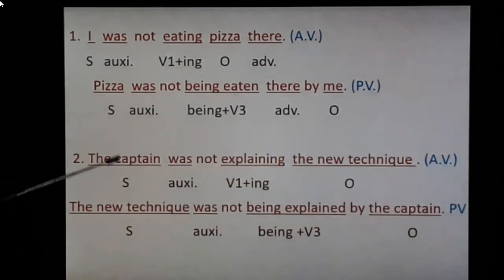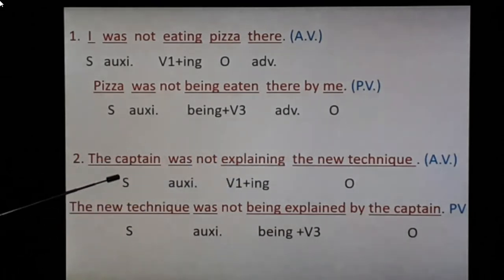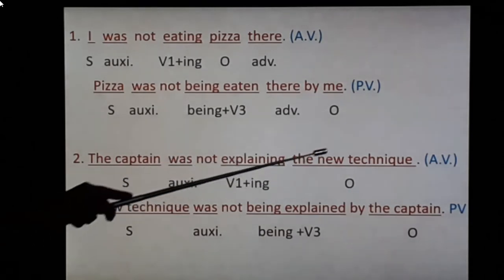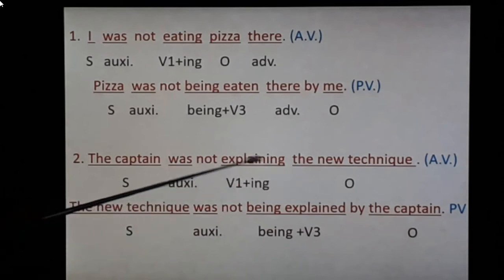Next, the captain was not explaining the new technique. So the captain, subject, was, auxiliary verb, not is given because we are framing a negative sentence. Explaining, so V1 explain plus ing, so explaining. The new technique, that is an object, so this is active voice. Now turn this to passive. So the new technique, the object, comes first in the passive as subject.